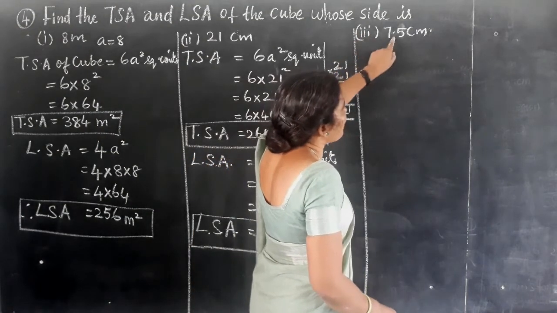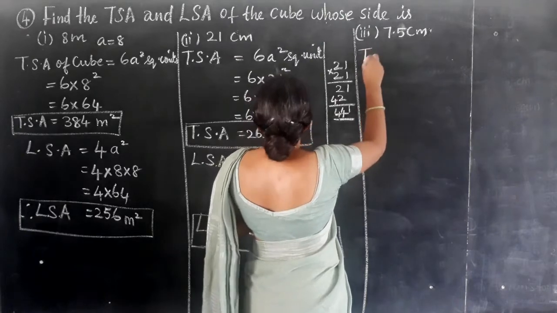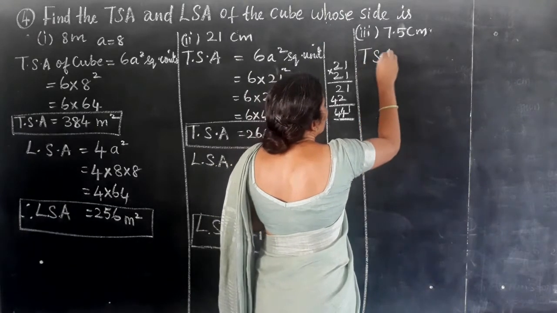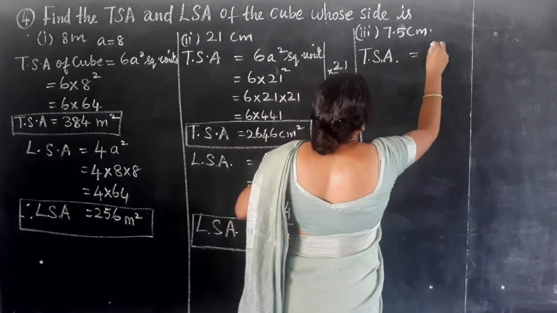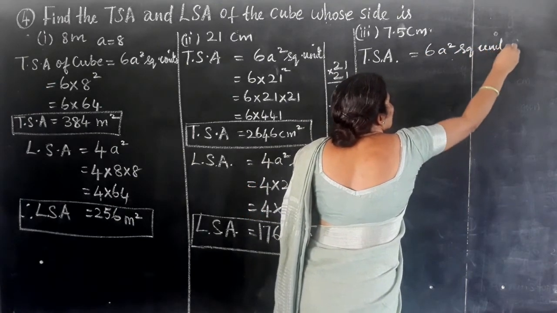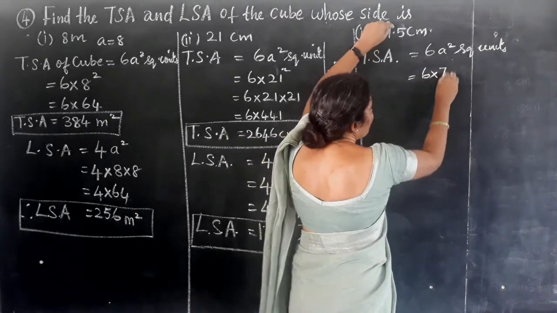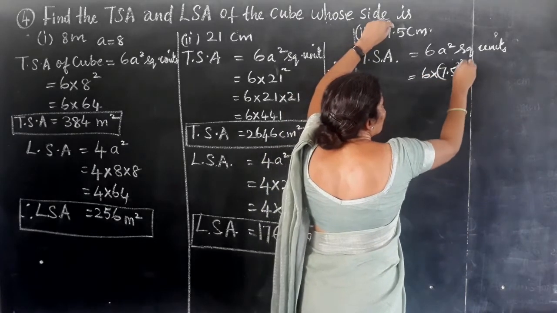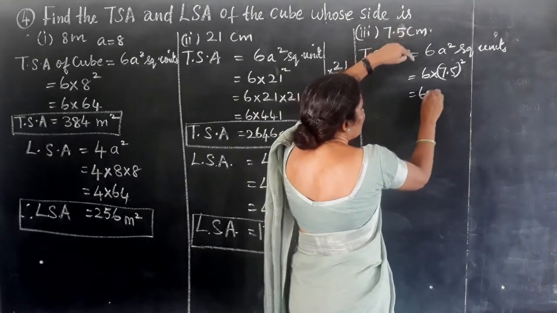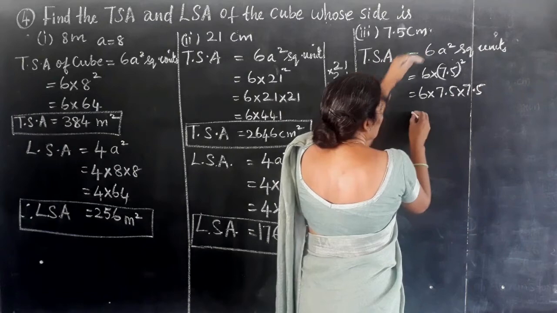Subquestion 3, 7.5 centimeter. So let us find TSA of cube. So 6 into 7.5 into 7.5.